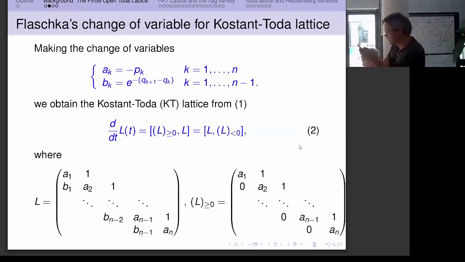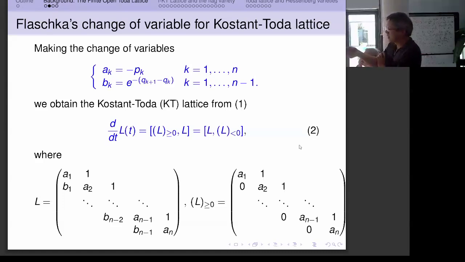And what I wrote here actually belongs to Kostant in 1979. The benefit is that you can then put this into the Lax pair. The other part of the Lax equation is just the positive part, the upper triangular part of this L. The benefit of this form is that all the a_i's and b_i's, and also the ones on the off-diagonal, have a very specific meaning in Lie algebras.